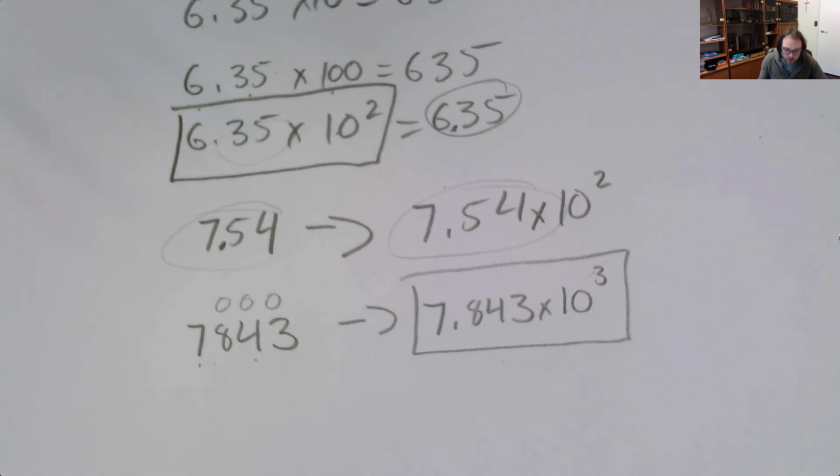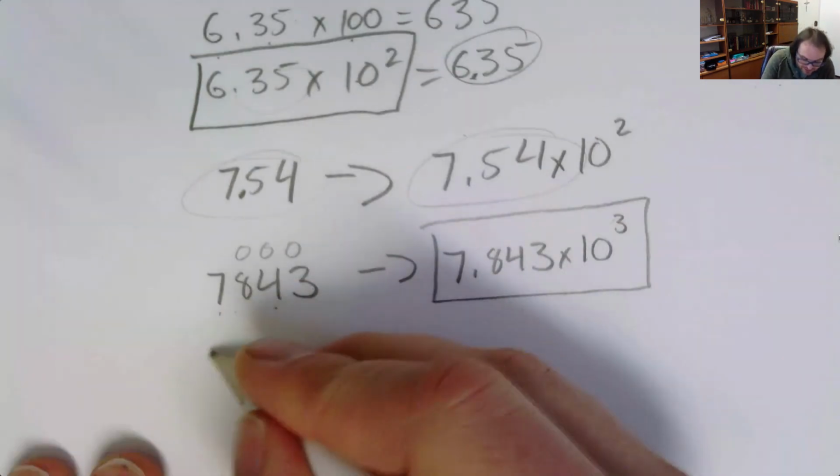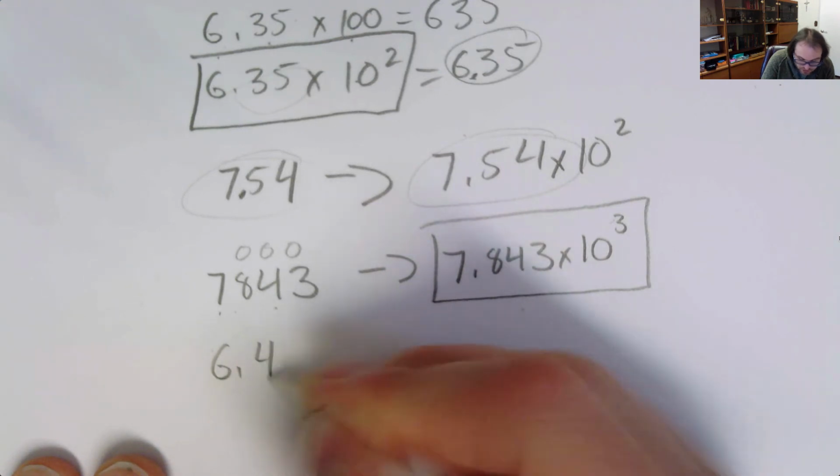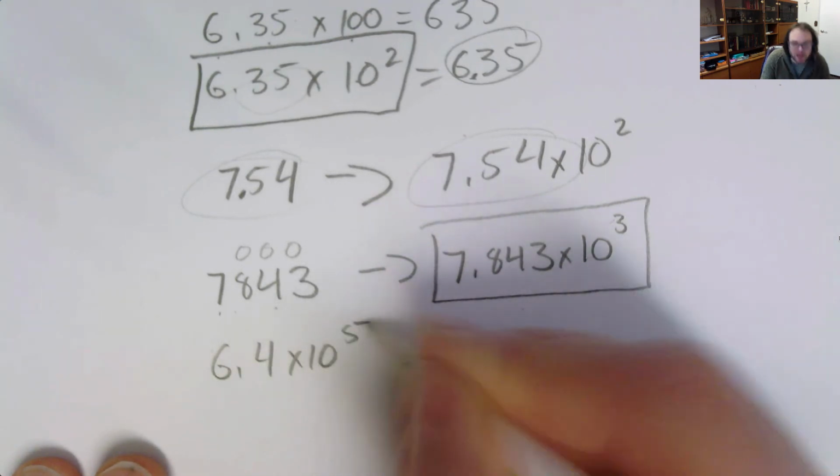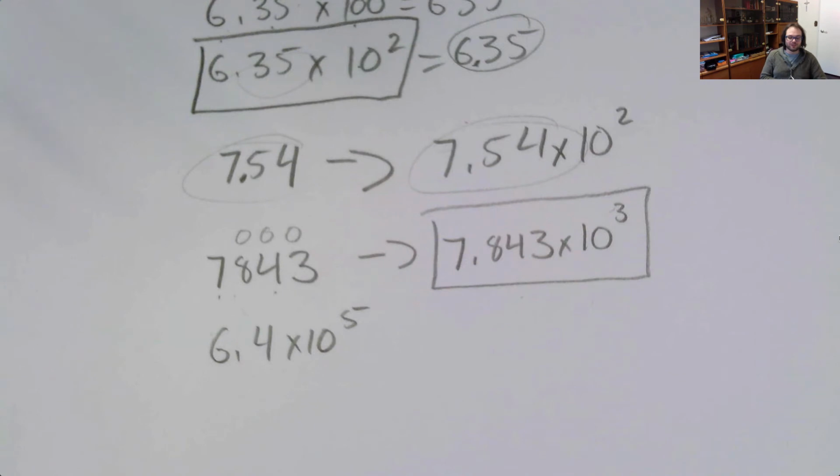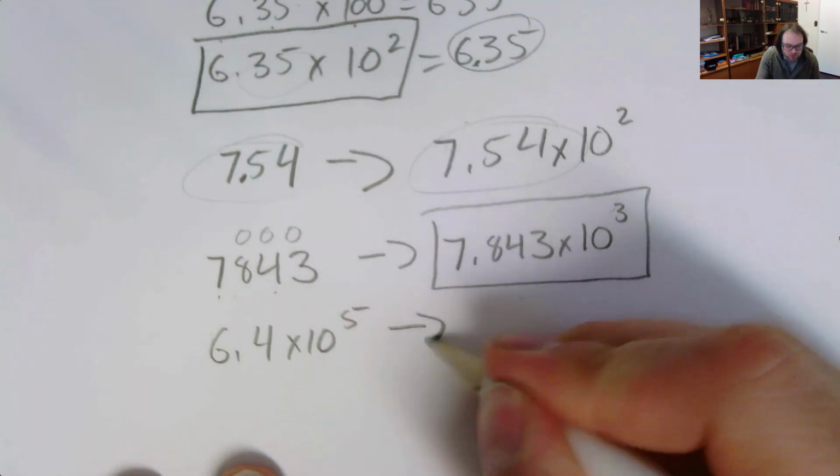Now if I want to go the other way around, it's actually quite easy. Let's say I have 6.4 times 10 to the 5. So this is in scientific notation, and now I want to put it in something called standard form. Well, that's how we normally write numbers. Well, I look at this.